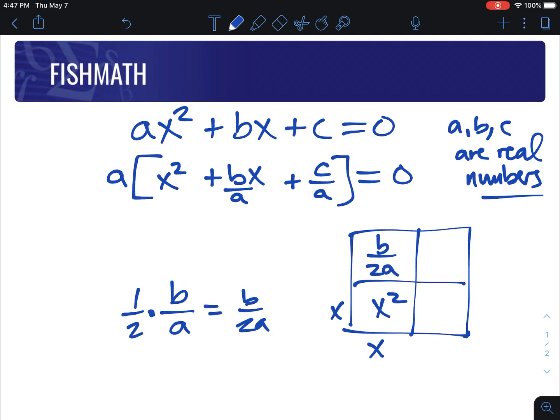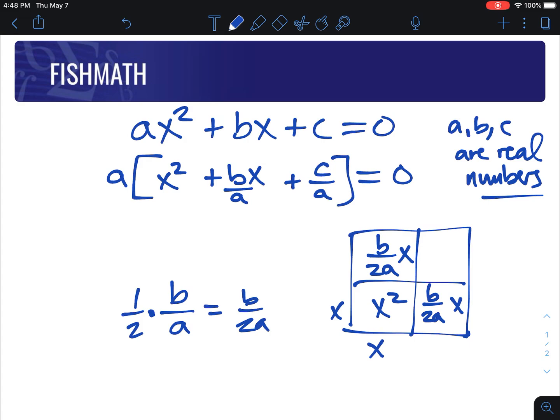So that goes in both of these boxes, b over 2a, b over 2a, but don't forget that's how many x's we have, like it was 4x, 2x, 2x, so it's b over 2a x, b over 2a x, and then we have to figure out the side lengths. Hopefully you're still with me here. It gets a little more complicated with the letters, but that's really all it is, just algebra, because we're in algebra.